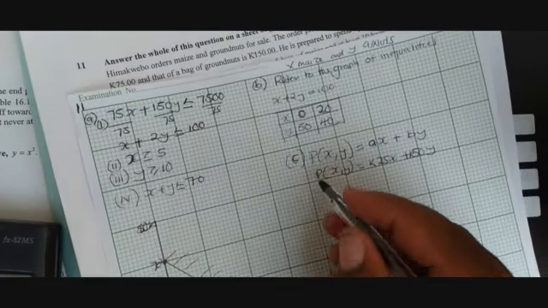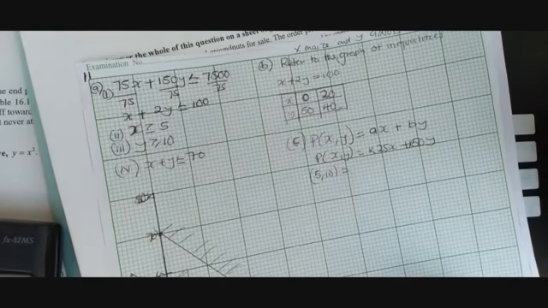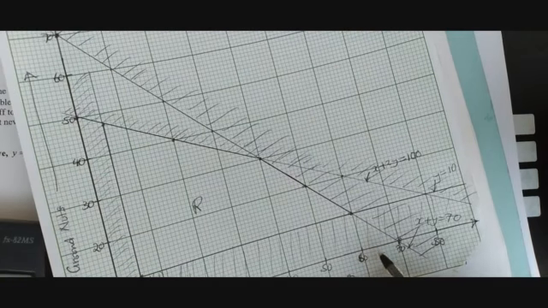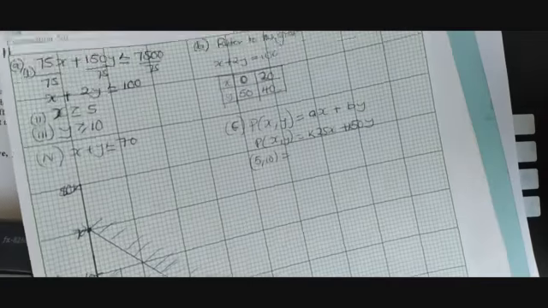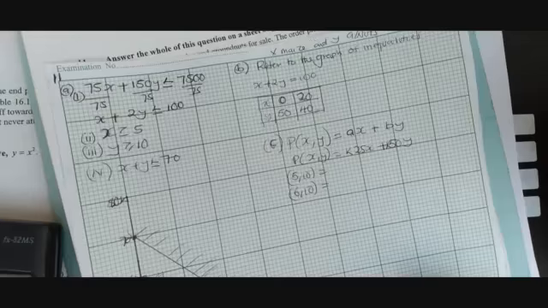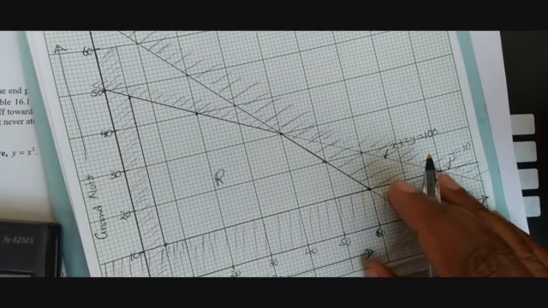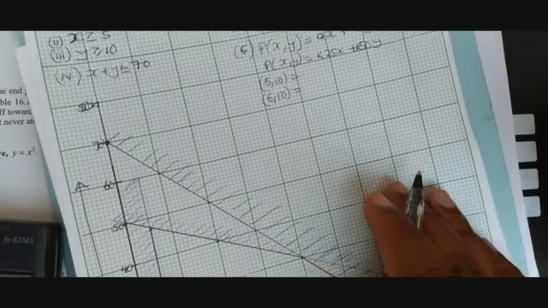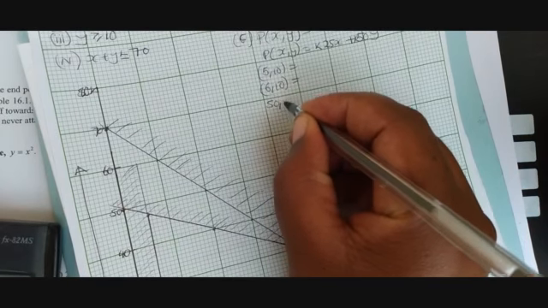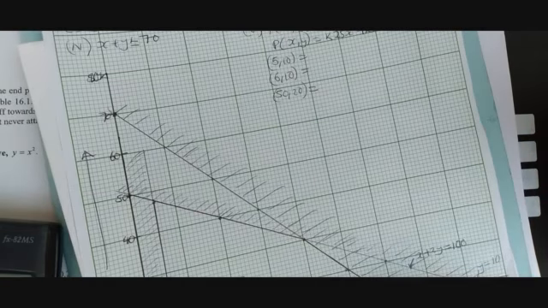I'll find the answer. The next one here is 60, 10. The next one here is 50, 20. Then we have 40, 30.